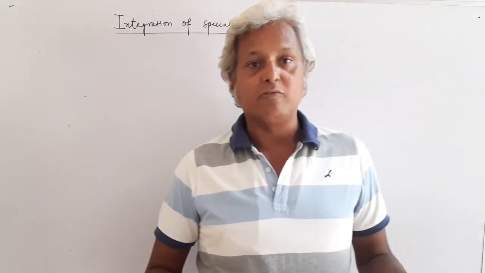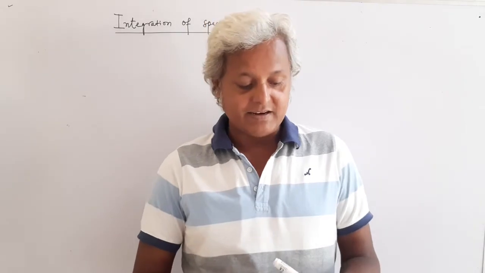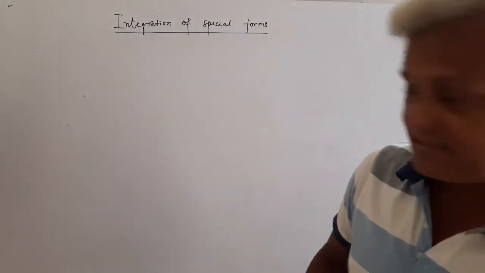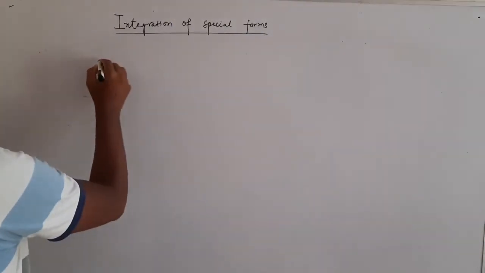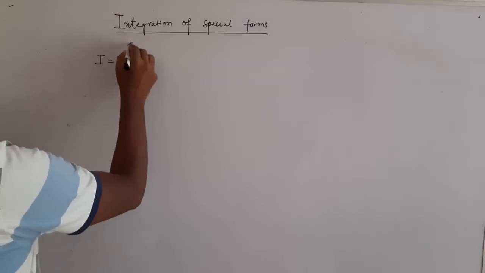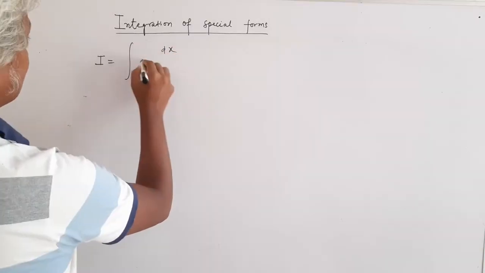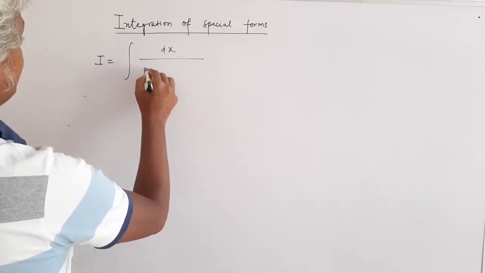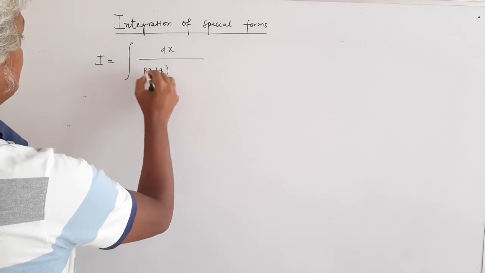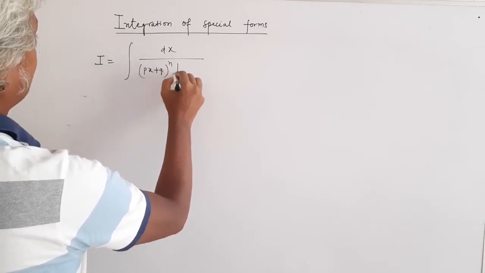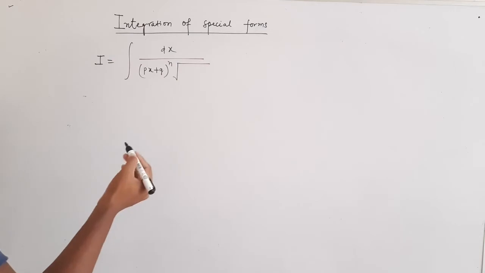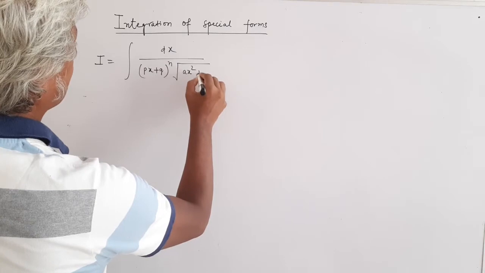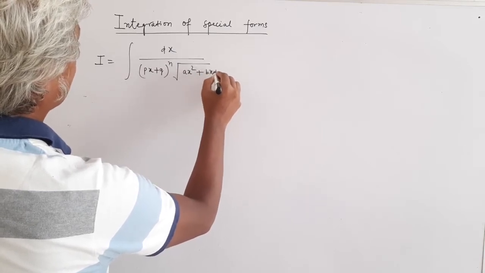So now I take one or two more different forms, and then we'll discuss and find integrations of them one by one. Here I have one form which says how you will find the integration of the form dx over (px plus q) to the power n, times the square root of a quadratic expression, that is x square plus bx plus c.